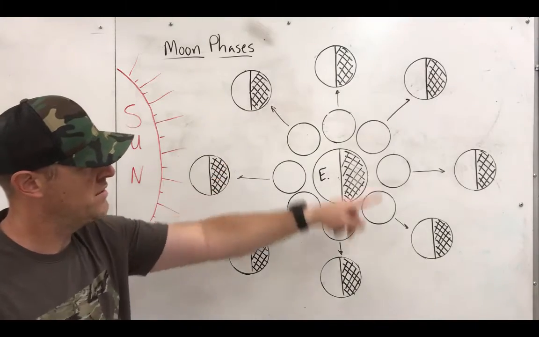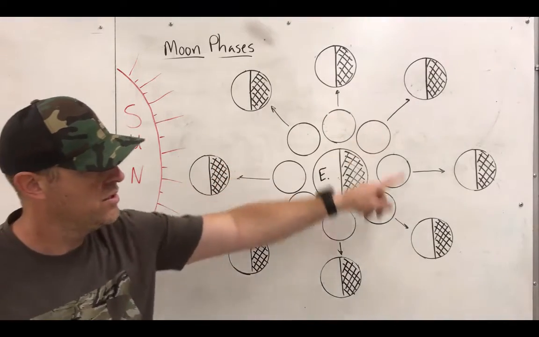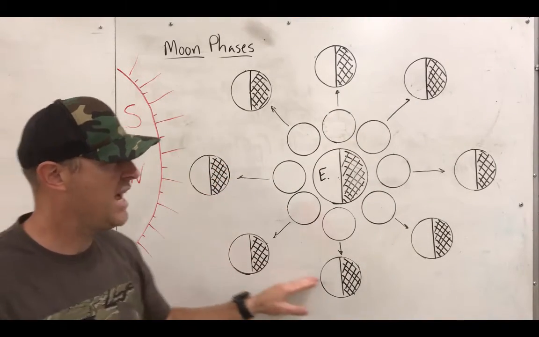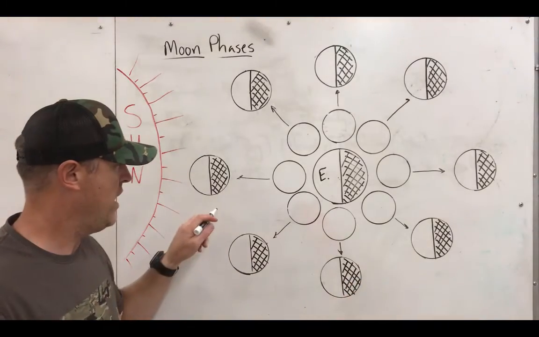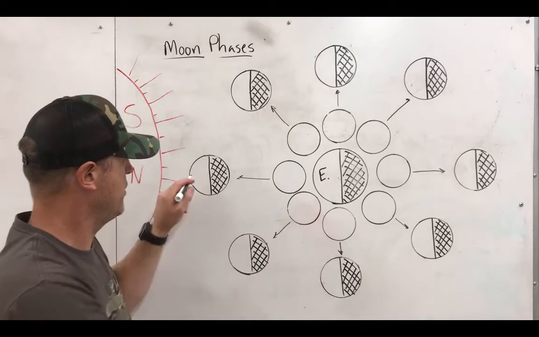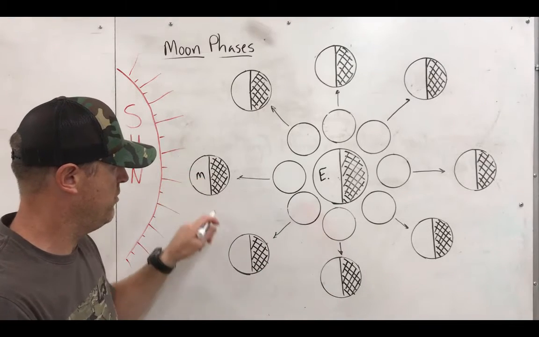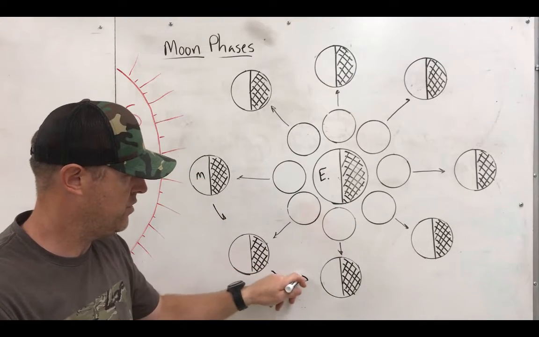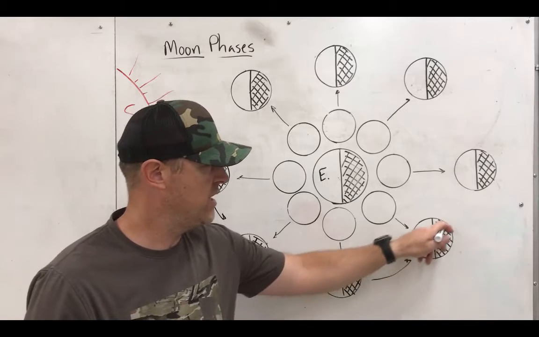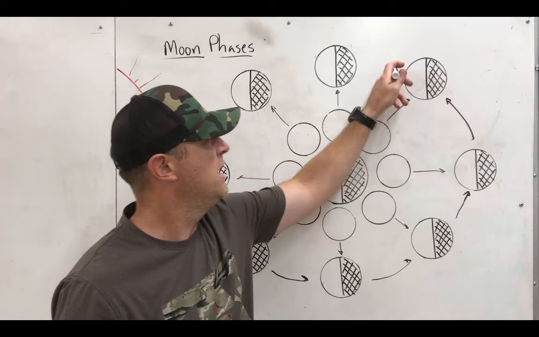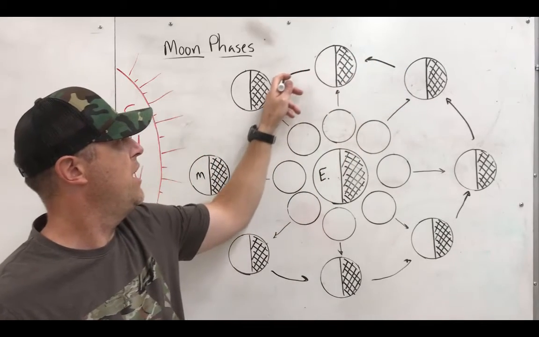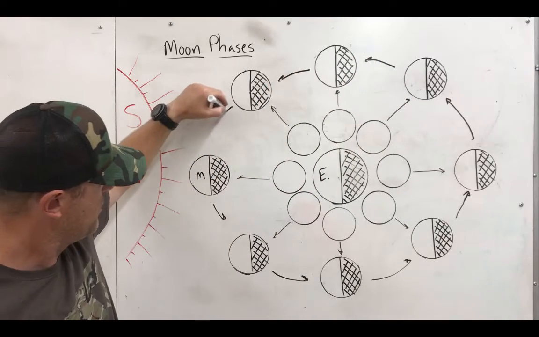On these outer circles, this is what is happening as the moon is traveling around Earth. E is Earth. These outer circles are the moon as it travels that 29 and a half day lap around us.